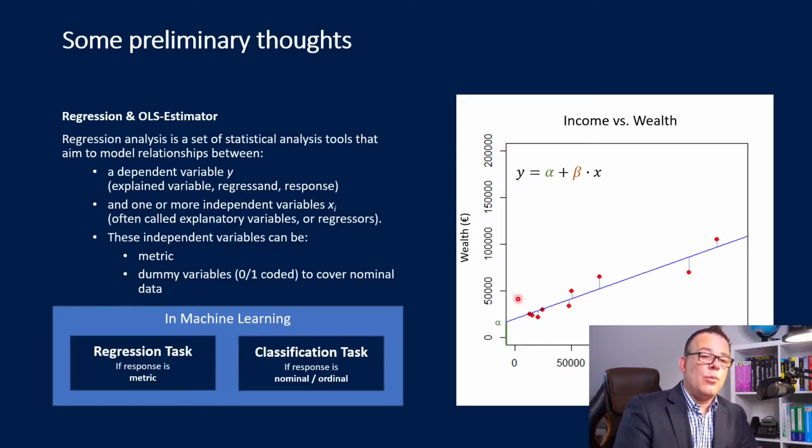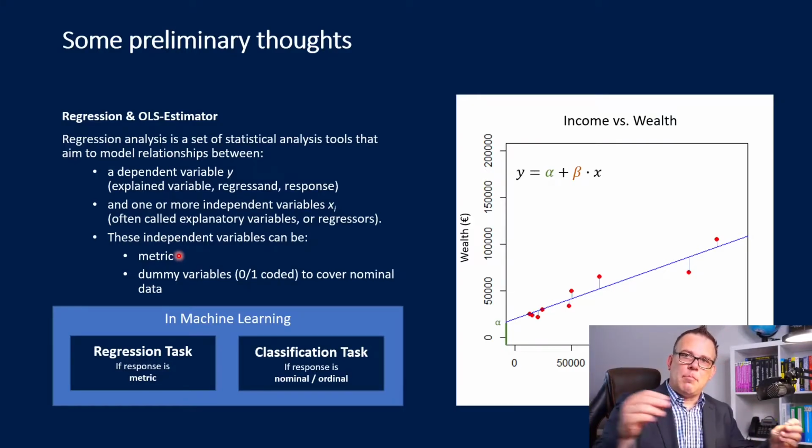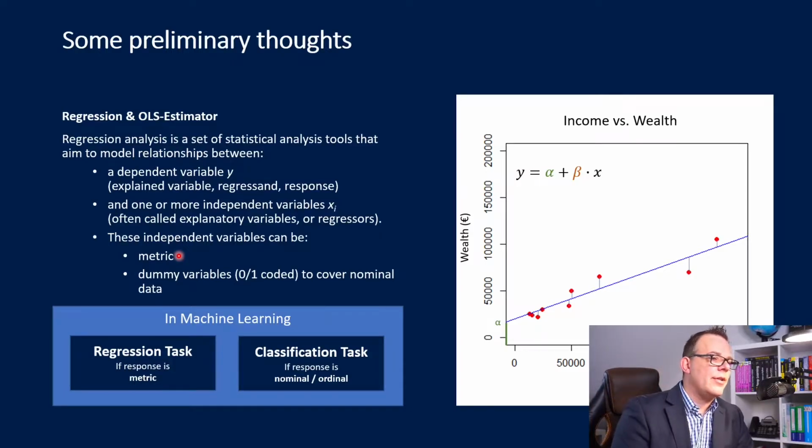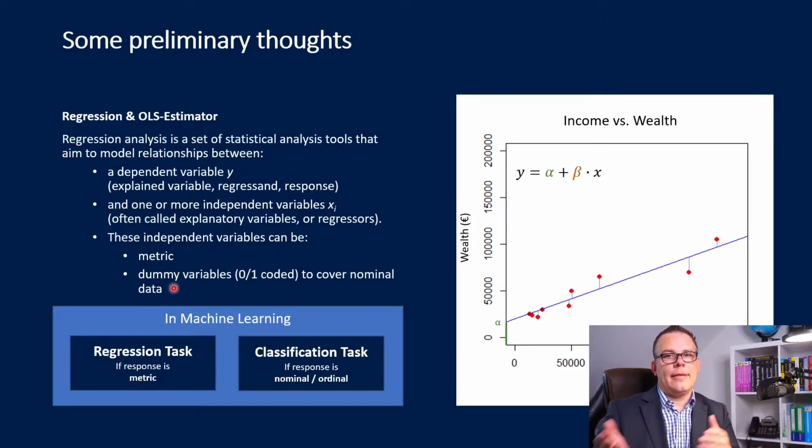Of course, we can also have several independent variables, not only income, but maybe age, maybe gender, or whatsoever, so we can have more than only one x-axis. These independent variables can be metric, just like here, the income in euro is a metric variable, because we can measure it just like meters, or to cover nominal data, it can be dummy variables, just like gender, male, and female.